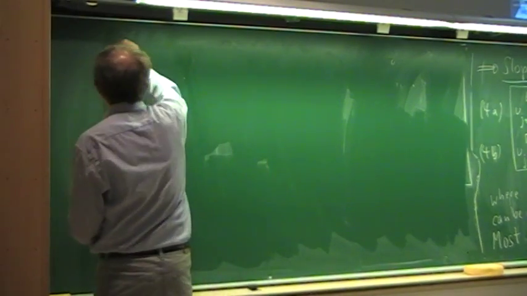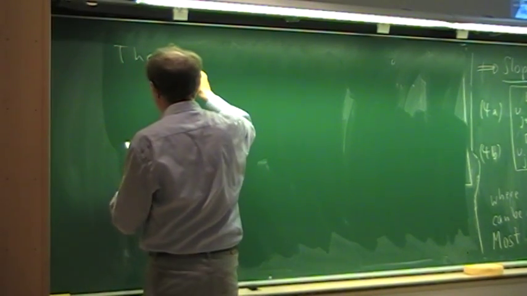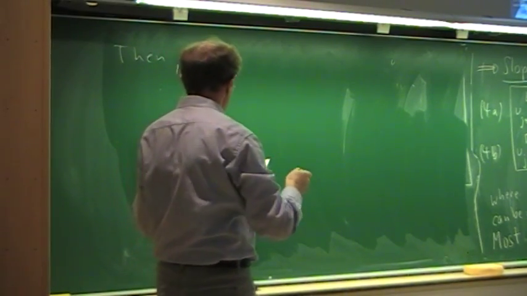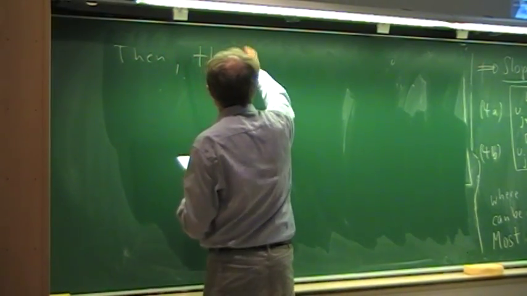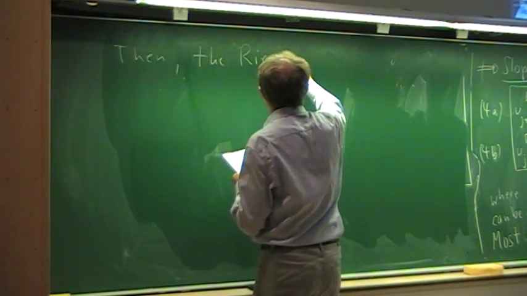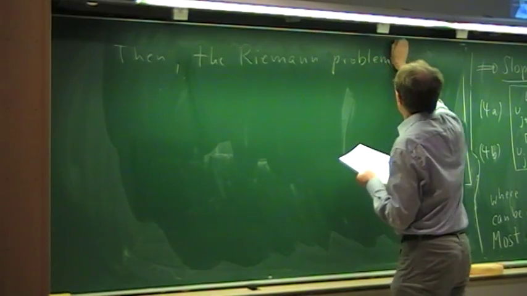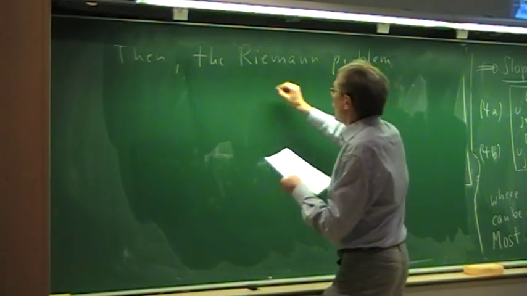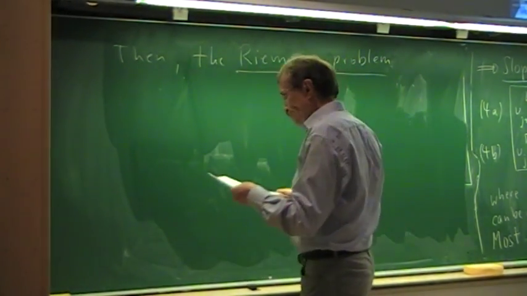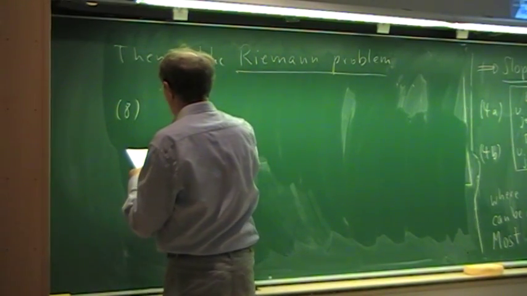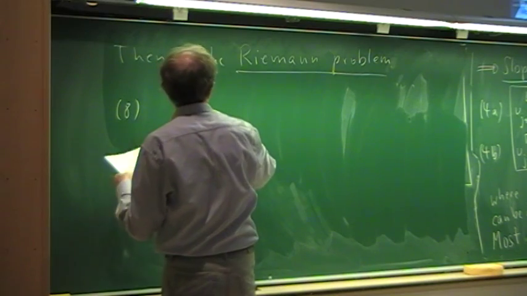So when we have done this MUSCL approach and we have found the extrapolated values, then the Riemann problem is the following. It is always the same.